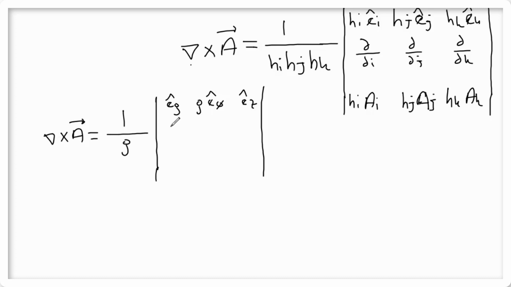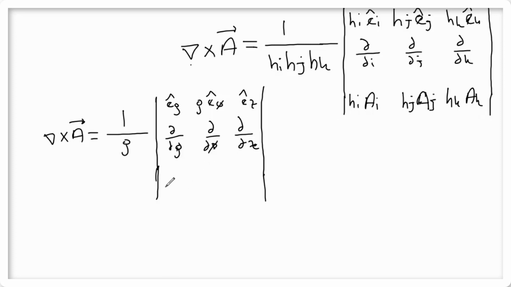Elements of the first derivatives: dl divided by dl rho, dl over dl phi, dl over dl z. I would like this. And finally, this second element is written as the vector A times the matrix.